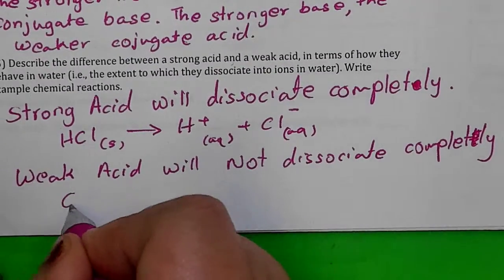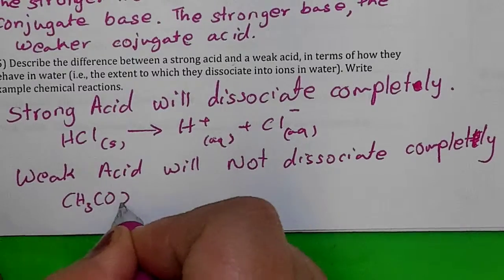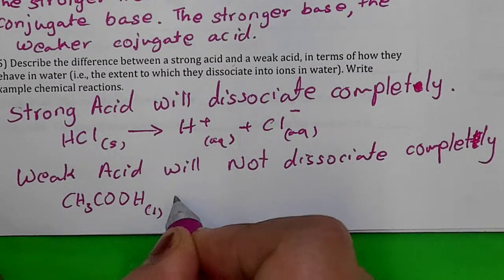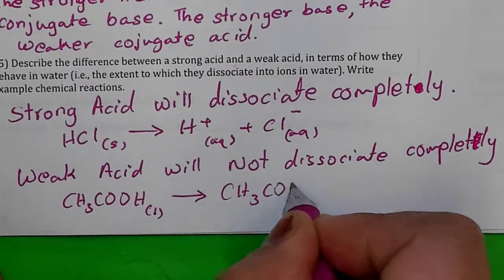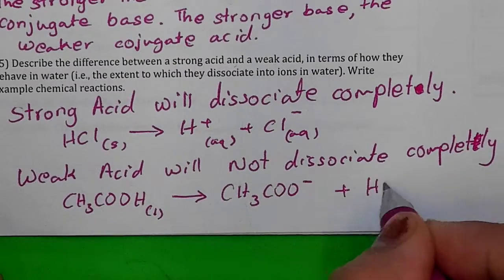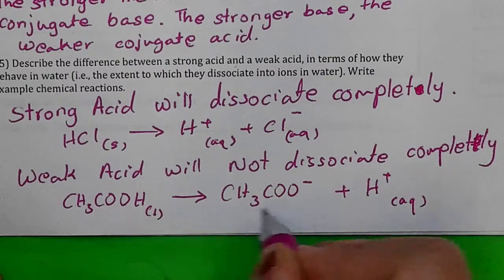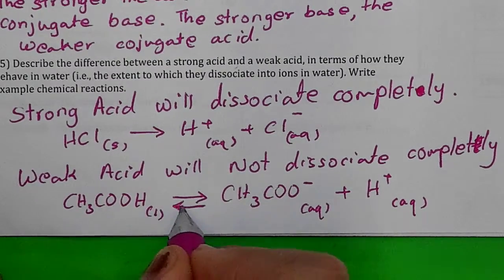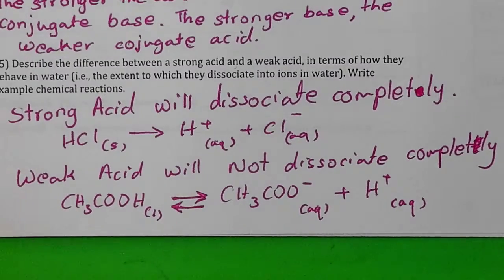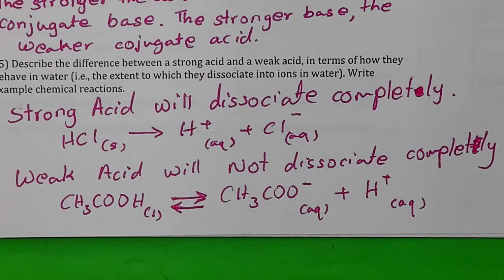We just had one earlier, CH3COOH. Even if it's a liquid, it's going to dissociate this way into CH3COO- and H+, aq. Now notice that I need the return arrow back because it doesn't dissociate completely. As it dissociates, they're going to go back and form it again.